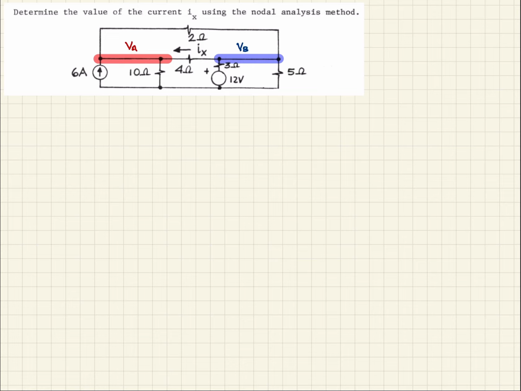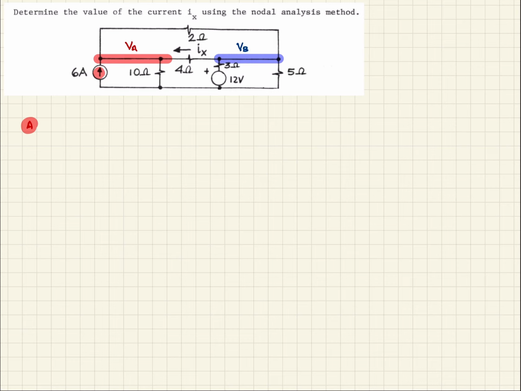So we'll start with node A. And looking at node A, the first thing we note is, again, we're defining current leaving the node as positive. So we have this current source right here, and it is shown as entering the node.